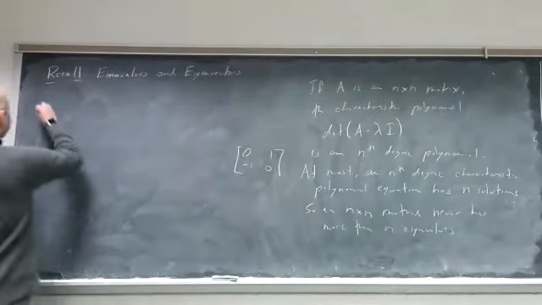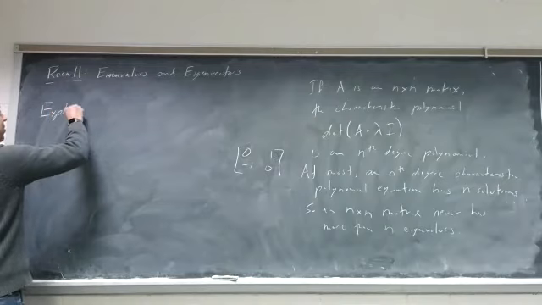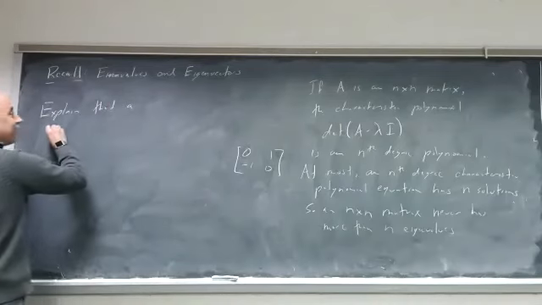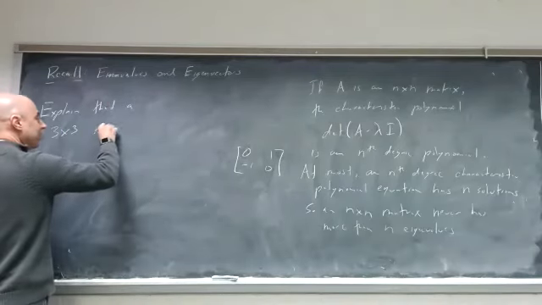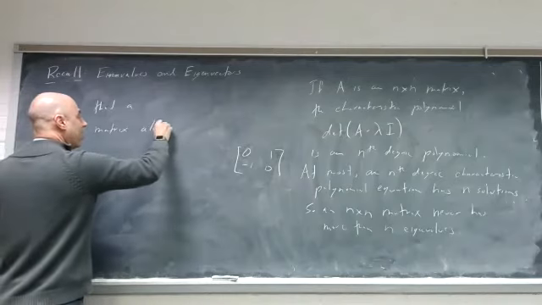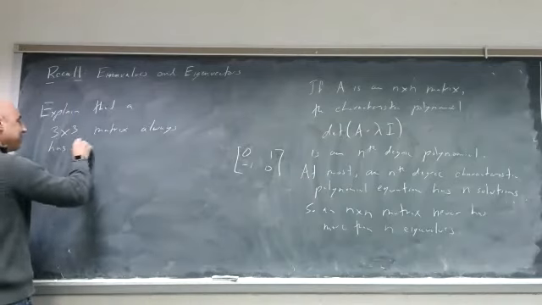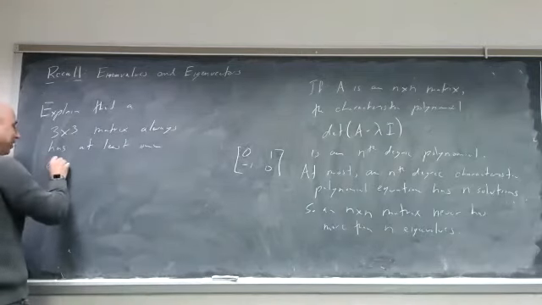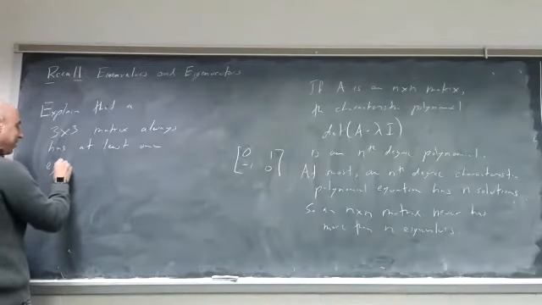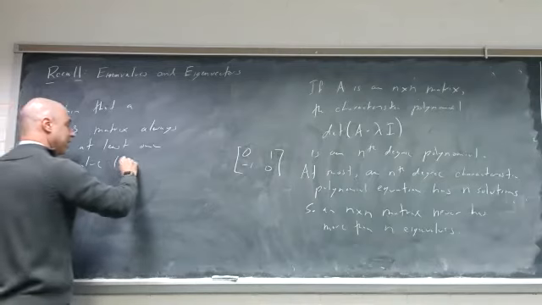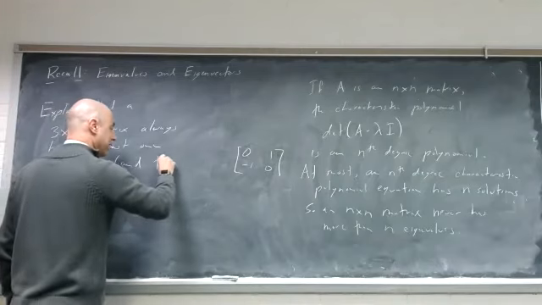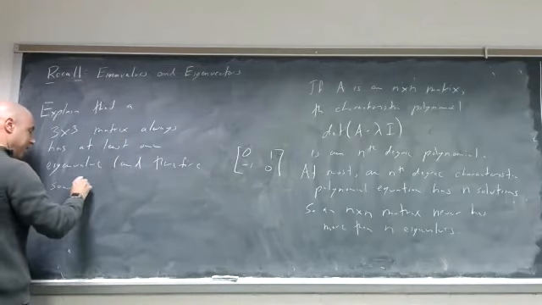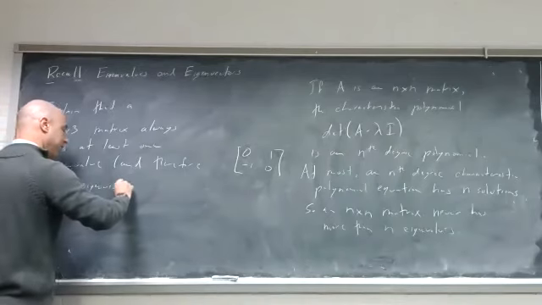Can you explain how you know that a 3x3 matrix always has at least one eigenvalue, and if it has an eigenvalue, it has some eigenvectors?